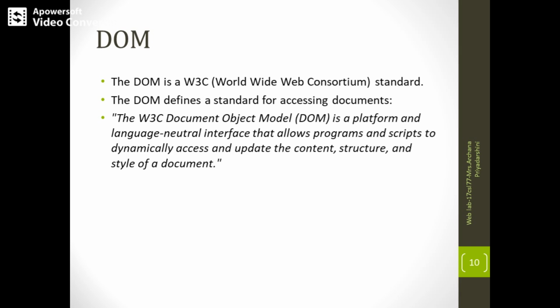It is also called an abstract model because it can be applied to a variety of application programming languages. Each language that interfaces with the DOM must define a binding to that interface. So any link or binding must be done for any language that interfaces with the DOM.